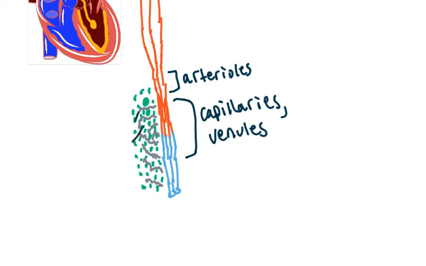So we have lymphatic vessels here throughout our tissues that actually help us get the fluid that leaked out into our lymphatic vessels, becoming lymph, right?